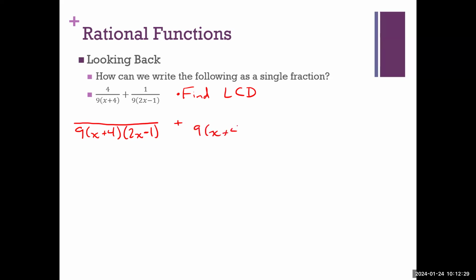Because what do we have to do now that we know the common denominator? What do we have to do next? Okay, so what do I multiply this by? What's this left fraction going to be? 4 times 2x minus 1, because that was the factor that was missing. And over here?